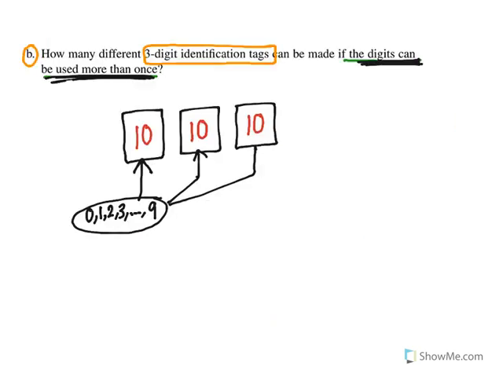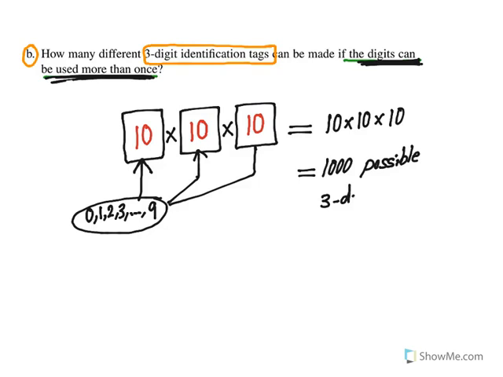So the total number of possibilities will be 10 times 10 times 10, which is 1,000. 1,000 what? 1,000 possible 3-digit identification, let's say ID tags.